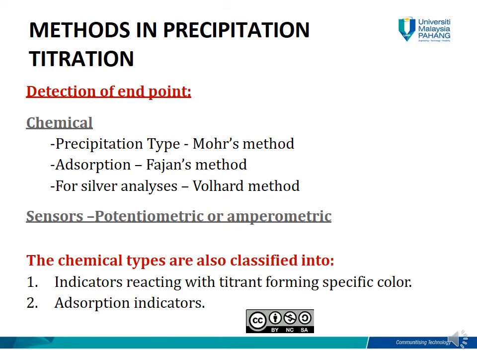So let's look at the types of titration. As I mentioned just now, we have three types of precipitation titration. When we do detection of the endpoint for the Mohr method, Vahan method, and Volhard method, you can see either the disappearance of reactants or the formation of new compounds, new products.